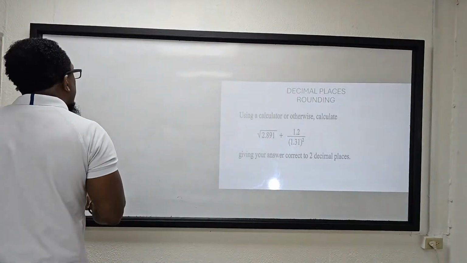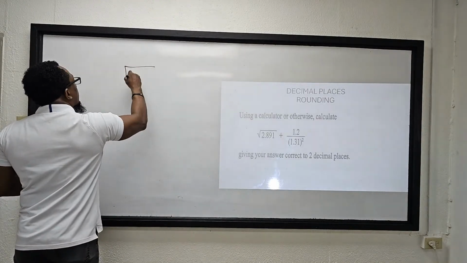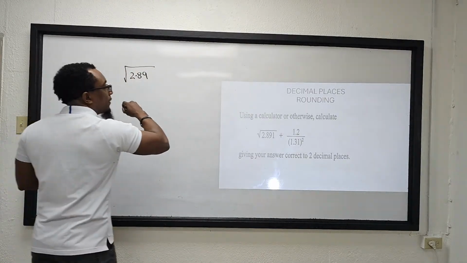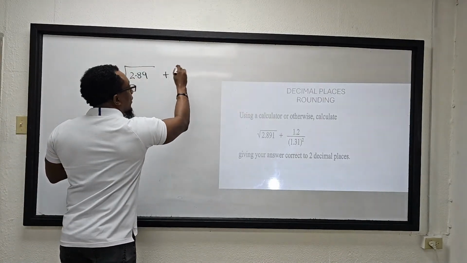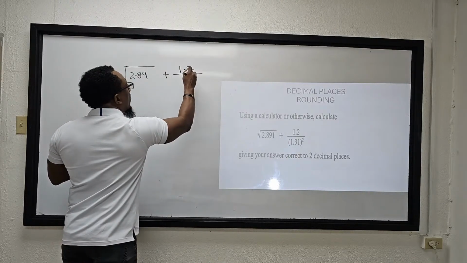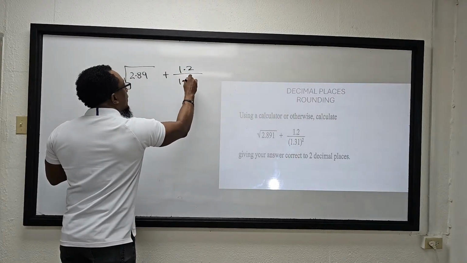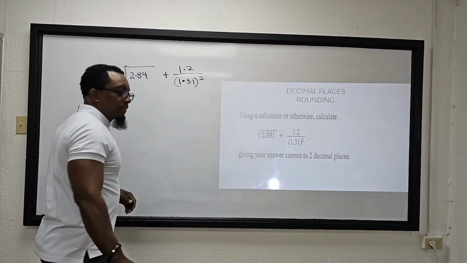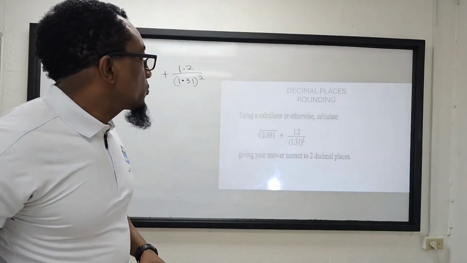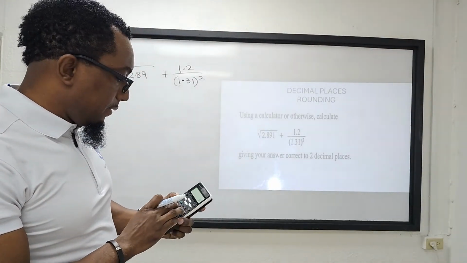the square root of 2.891 plus 1.2, all over 1.31 squared. So again, what did we do? We found the square root of 2.891.